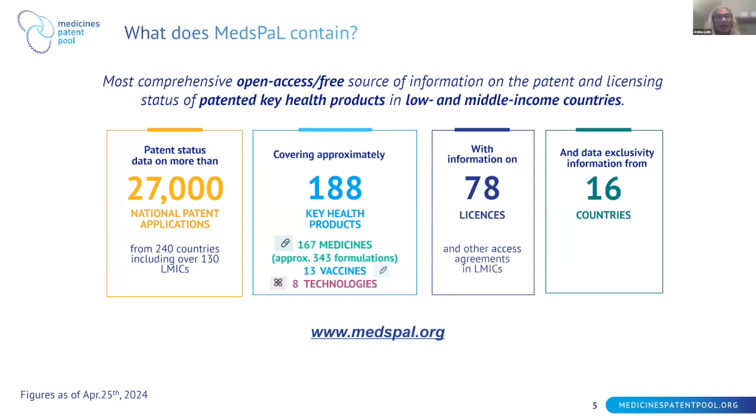We also now have vaccines as well as technology, so long-acting technologies. We also cover the patent status on these products. We also provide information on licenses, as well as data exclusivity information. And into more detail, next slide, please.